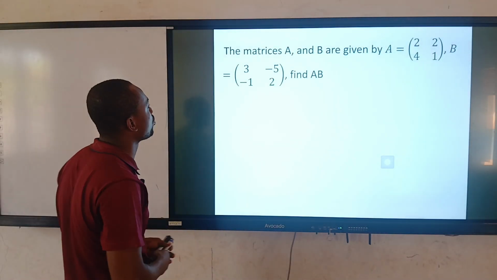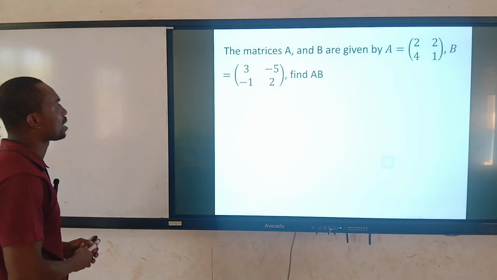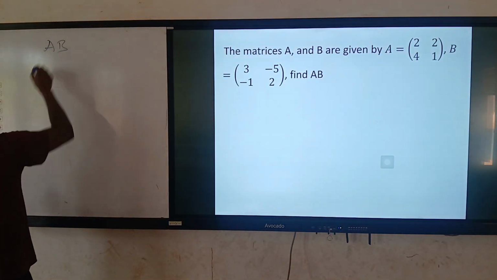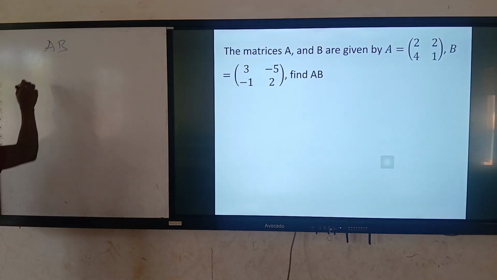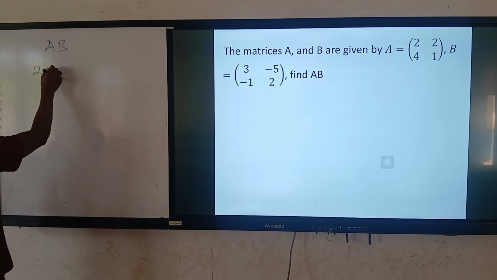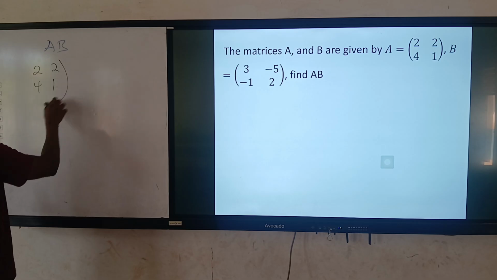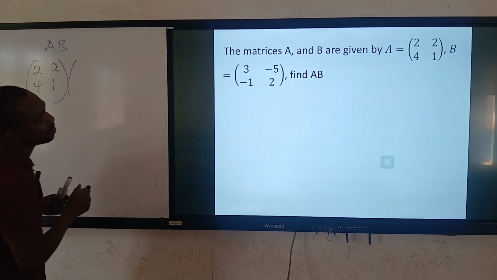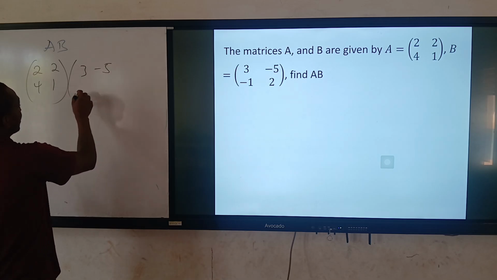This is our last example. It says that matrices A and B are given by, so that is our A. We are finding AB. A is 2, 2, 4, 1, and B is 3, negative 5, negative 1, 2.